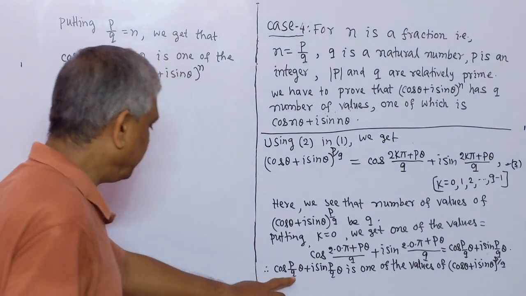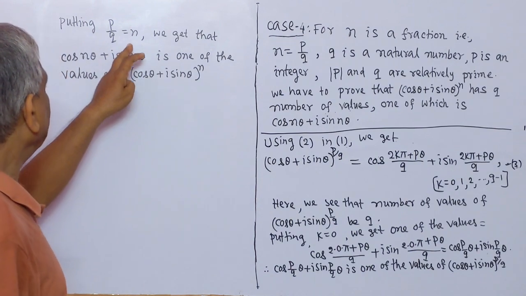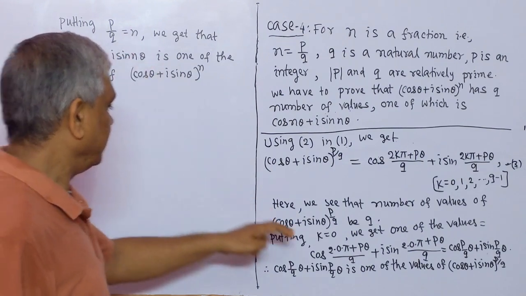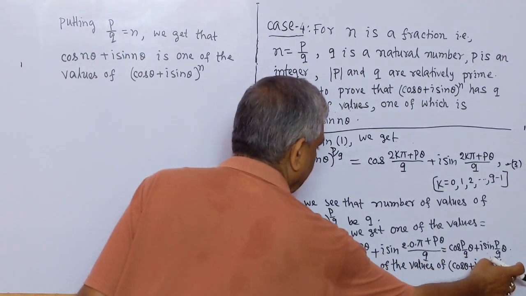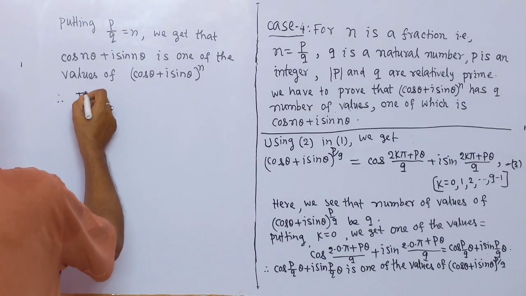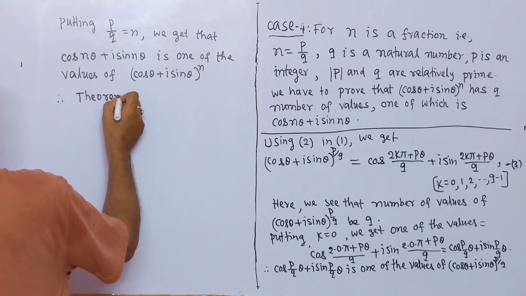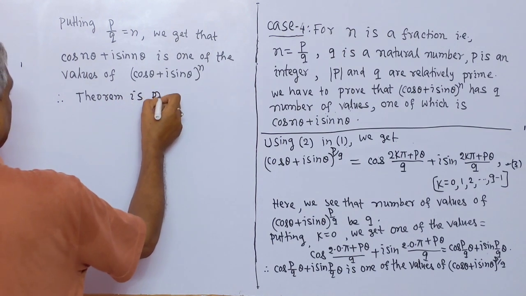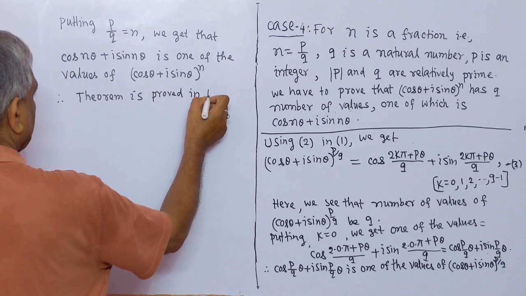Here in place of p by q we have written n. Therefore, the theorem is proved.